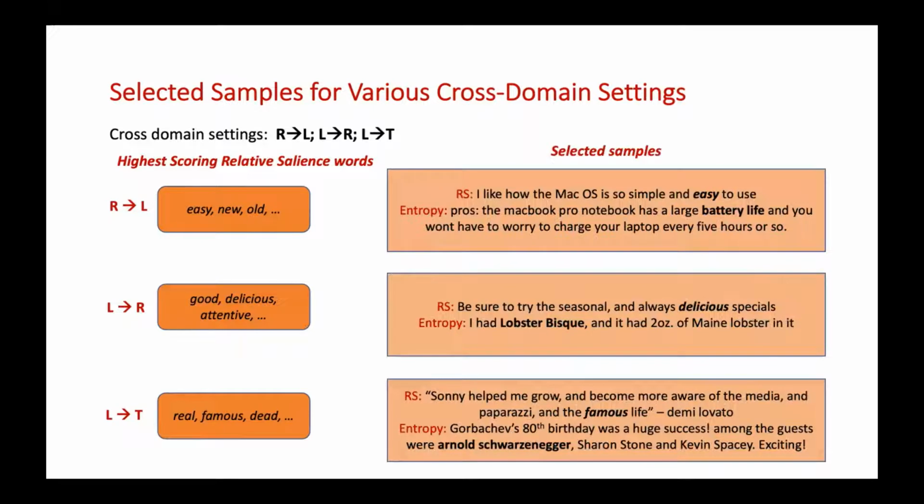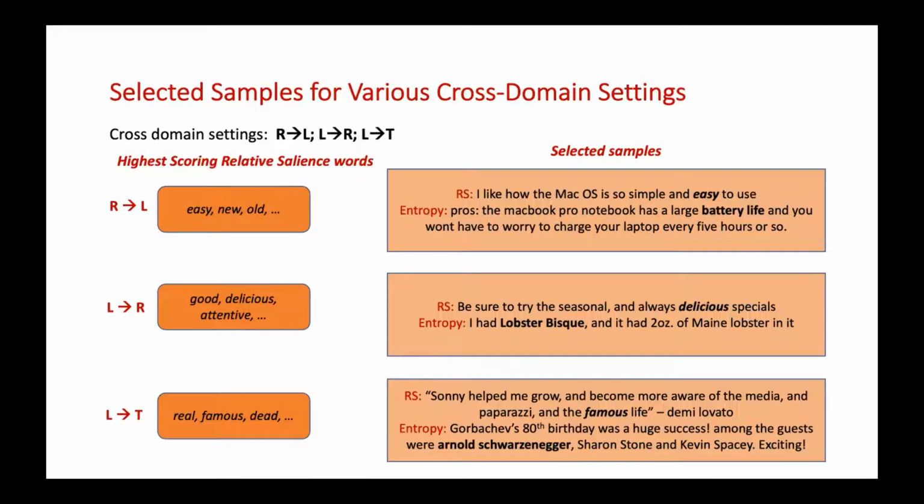We also see here a few selected samples from each of the 2 sampling strategies. So as expected, the relative salience-based sampling strategy picks documents containing these high scoring relative salience words. For example, in the R2L case, it's picked a document containing the word easy because easy was a high scoring relative salience word in that cross-domain setting. On the other hand, the entropy-based method tends to focus on documents containing target spans that it might have found hard to classify.